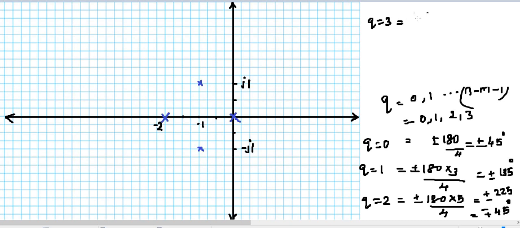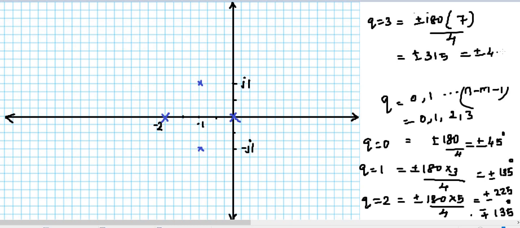Q is equal to 3 is plus or minus 180 into 7 by 4, which is plus or minus 315, which is again equal to minus plus 45 degree.